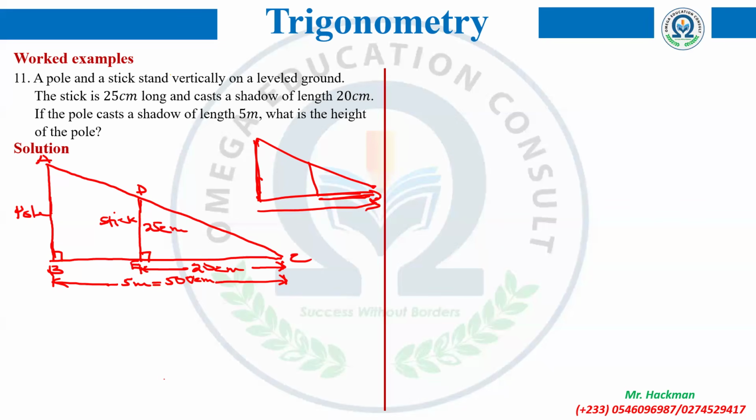The position of the sun will tell you the direction of your shadow. I should say not high in terms of length, but high in terms of what? Its brightness will tell you the length of the shadow.